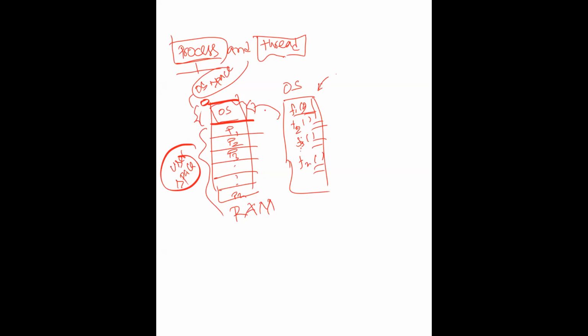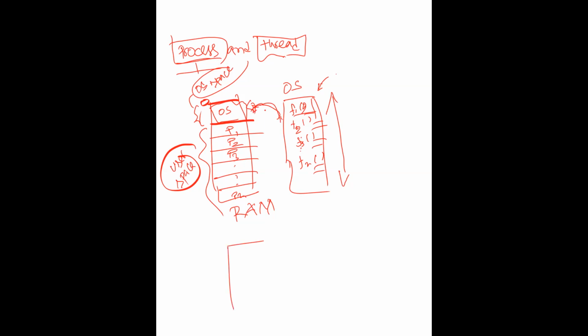Okay, now let's see another concept. As you know, the operating system is a very big piece of software, a big program. Do you think that all the functions, the total operating system, is actually loaded inside the RAM?